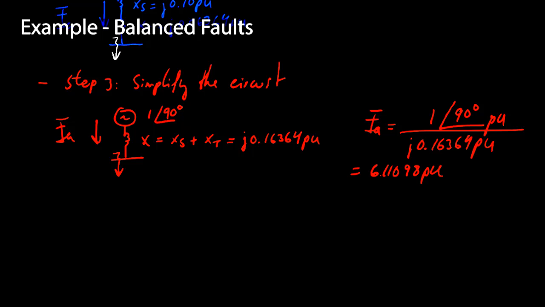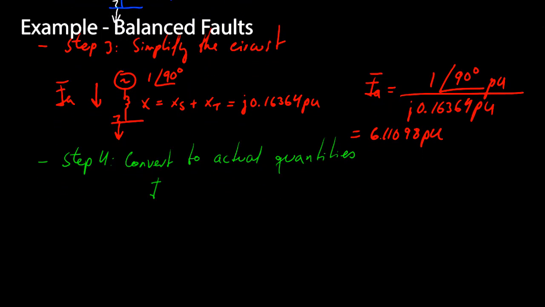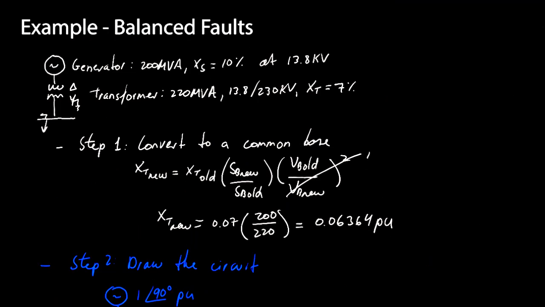Now step 4, we mentioned this before again, but let's go ahead and do it. So step 4 is now going to be convert to actual quantities, meaning we're going to go from per unit to amps. So in this case, again, the base current is equal to the base power divided by square root of 3 times the base voltage, which in this case we took 200 MVA as the base power.